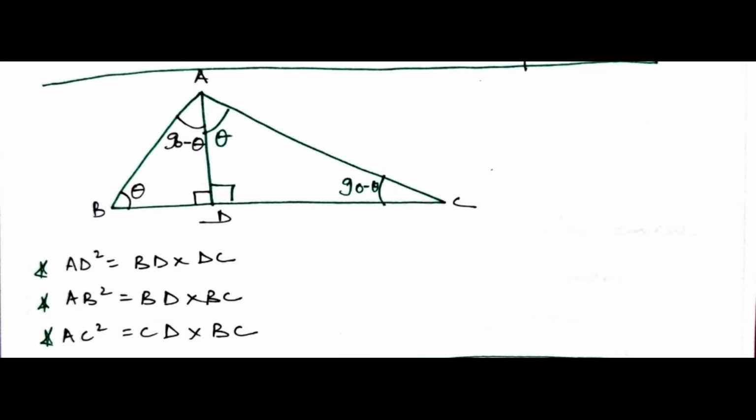Then here, AD squared is equal to BD into DC, or AB squared is equal to BD into BC, and AC squared is equal to CD into BC. This has not been in use that much, but we should be aware of this property of triangles.